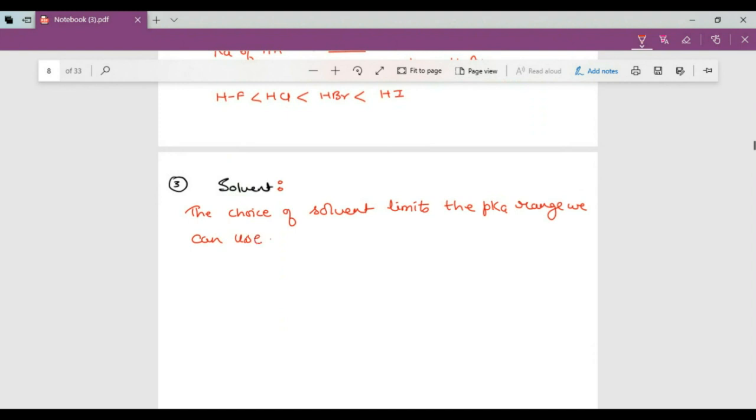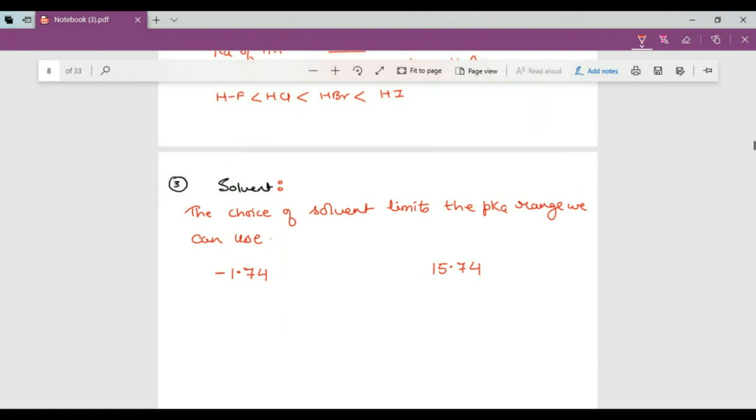What do I mean by that? For example, if I talk about water, in water our effective pKa range is minus 1.74 to plus 15.74. Minus 1.74 to plus 15.74.